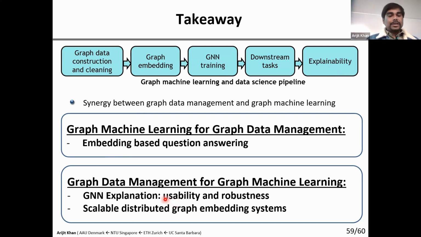And in the other direction, graph machine learning for graph data management, I didn't have a lot of time, but here we are looking into how machine learning techniques, such as embeddings, can provide more relevant answers, which are very difficult to obtain with stricter SQL or SPARQL type queries.